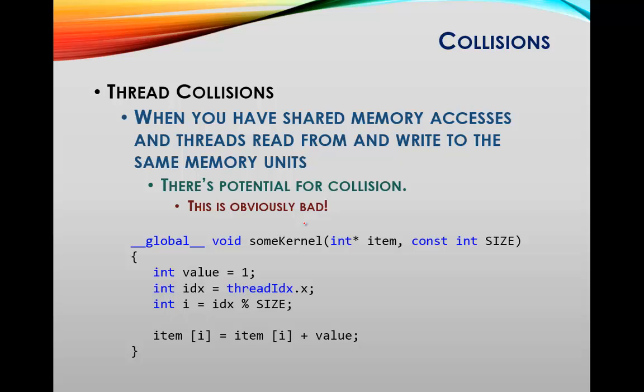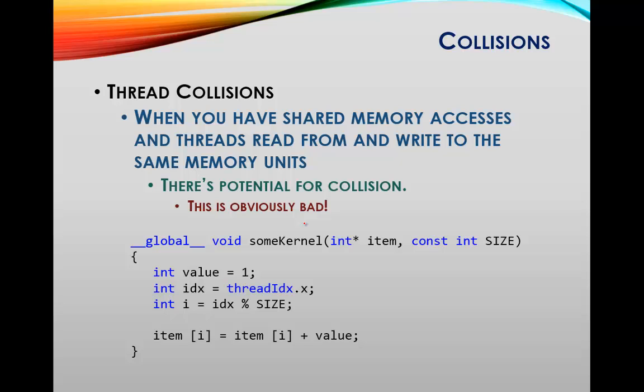Now, let's take a look at another problem. It's actually kind of a relevant problem, but it's basically a different issue when we work with parallel programs, and it's called thread collision. When you have shared memory accesses and threads read and write from the same memory unit, that could be either the shared memory of the block or the global memory that all threads from all blocks have access to and share, there's a potential problem.